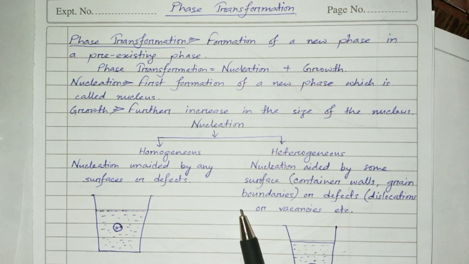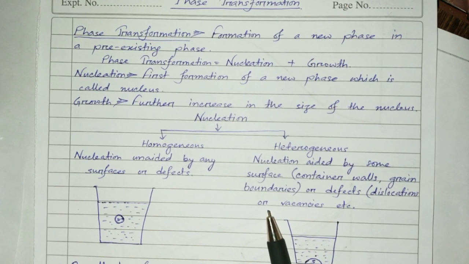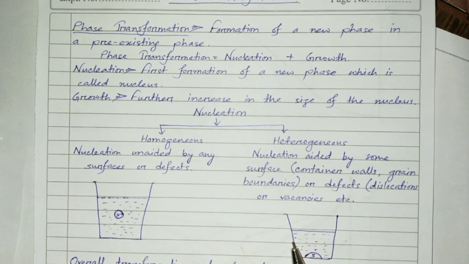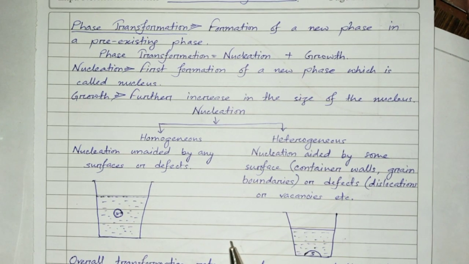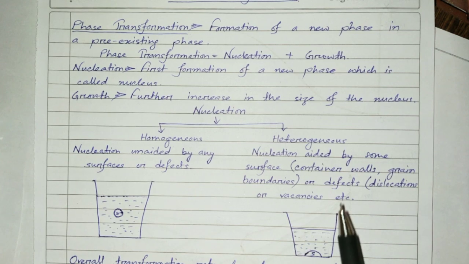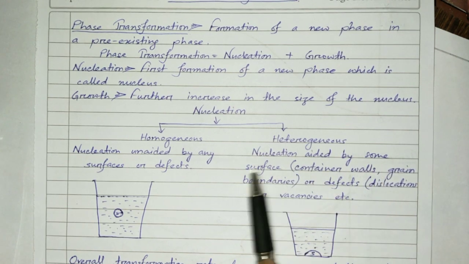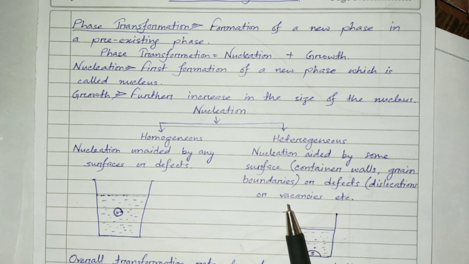Now, nucleation can be of two types, homogeneous and heterogeneous. What is homogeneous nucleation? Homogeneous nucleation is a type of nucleation where the nucleation takes place without the help of surfaces or any defects. But in heterogeneous nucleation, the nucleation takes place with the help of some surfaces or defects.